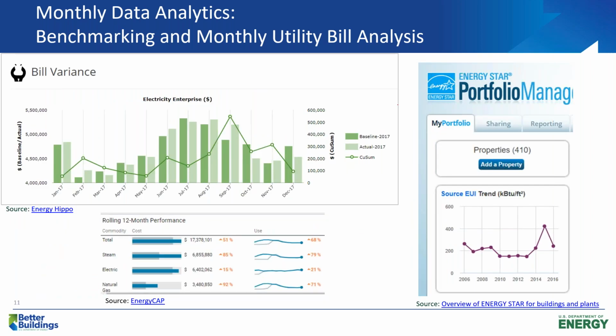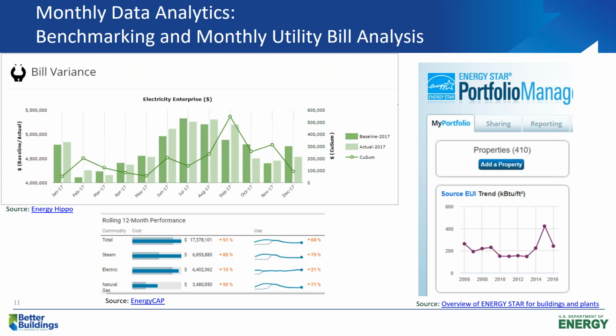Taking monthly data analytics just a little bit farther, there's modeling of a baseline period and then projecting that baseline into the current period. So you're basically normalizing for weather with monthly data. This is one example in the top left corner here. This helps you take weather out of the equation, and in this chart in particular, you have a Q sum, which you may have heard of, a cumulative sum of savings.